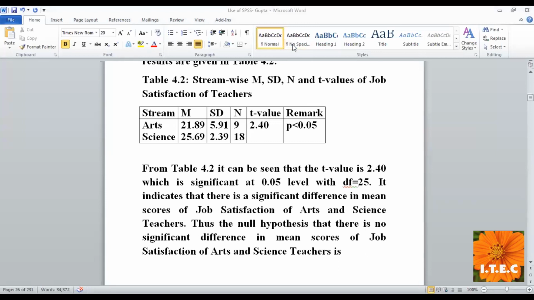Shalini, excellent. You are very good, Shalini. Keep it. So, is rejected. So, this is called testing of the hypothesis. Now, the testing of the hypothesis is over, but the interpretation is incomplete. So I'm proceeding with the interpretation further.